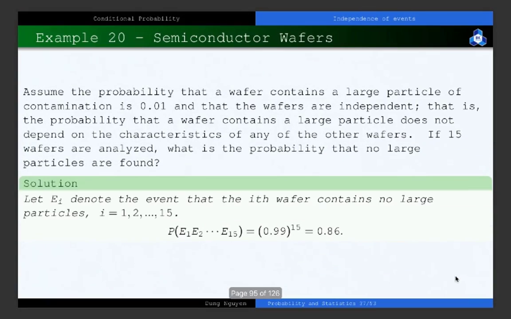Suppose that E1 is the event that the first wafer contains no large particle, E2 is the event that the second wafer contains no large particle, and so on. Then you want to find the probability of E1 times E2 through E15. That would be the probability of E1 times the probability of E2 through the probability of E15. And then you come up with 0.99 times 0.99 and so on. So you get 0.99 to the 15, and you get 0.86.